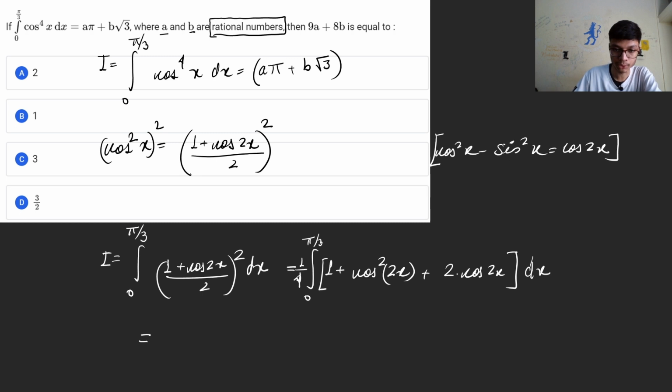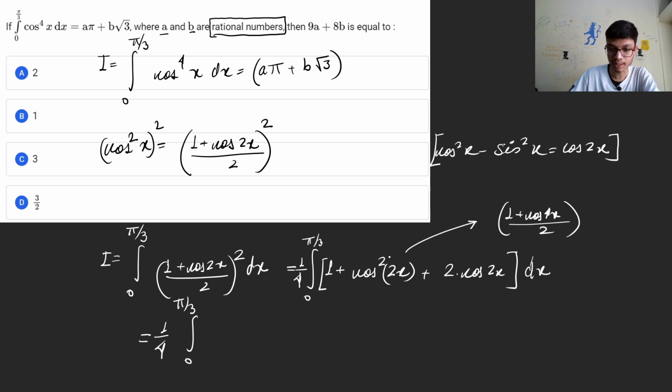So this is equal to 1 by 4 times, and over here we again have cos square 2x. I can simplify cos square 2x as 1 plus cos of 4x divided by 2. I can again apply the half angle formula and write this cos square 2x as this value.